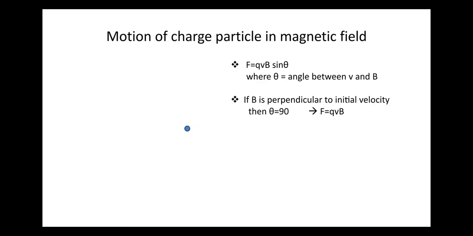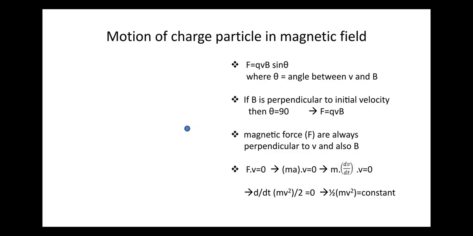One important point to note: the direction of the magnetic force is always perpendicular to the velocity, and also perpendicular to the direction of the magnetic field. You can recall Fleming's left hand rule.